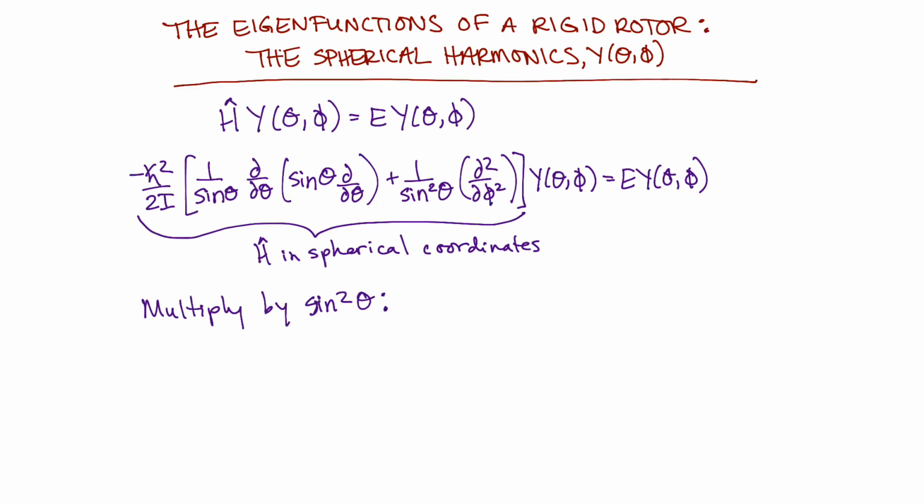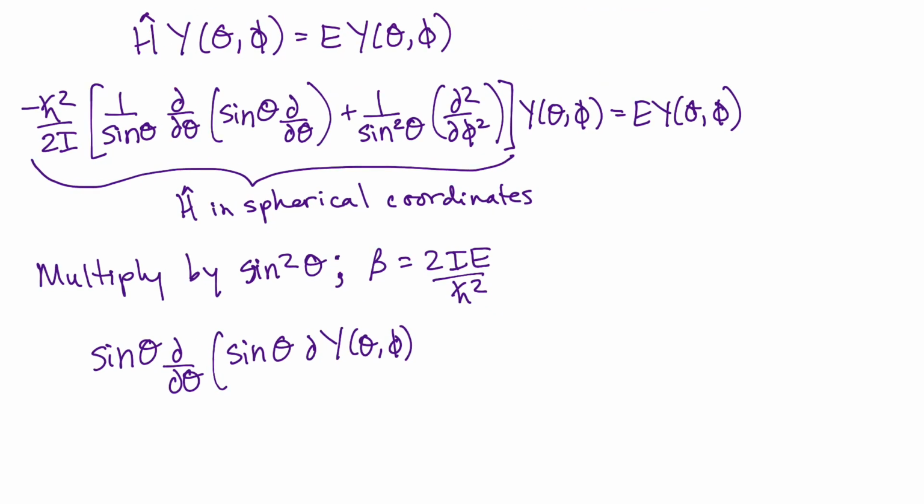Then we're also going to plug in beta equals 2IE over h bar squared, putting all of our constants into this beta term. Once we do that, we'll end up with a modified version of this equation.